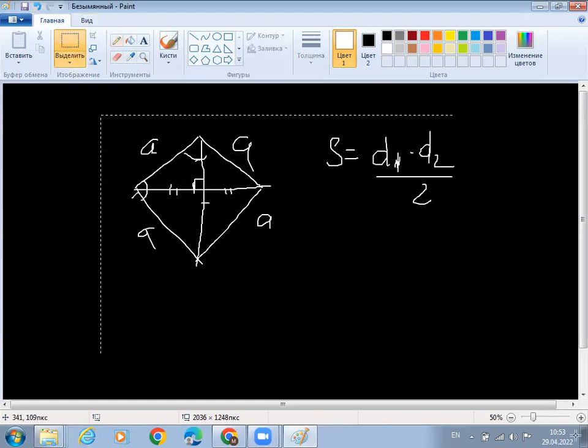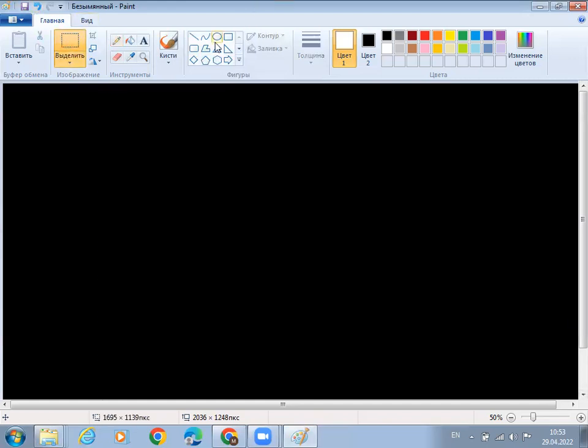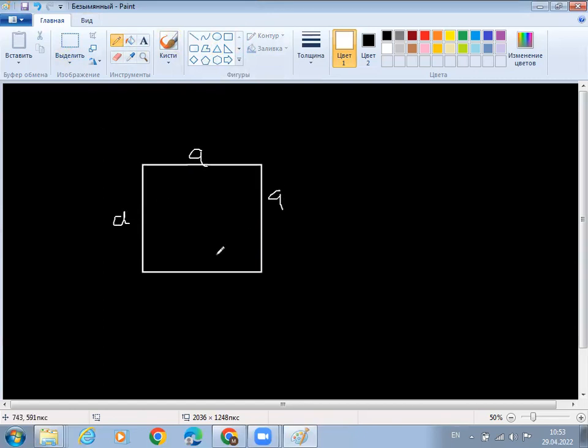Another one here is square. Square is the parallelogram with all sides equal and 90 degree angles. So actually, square is the rhombus with 90 degrees. Yeah. So all properties about rhombus and parallelogram are correct for square.